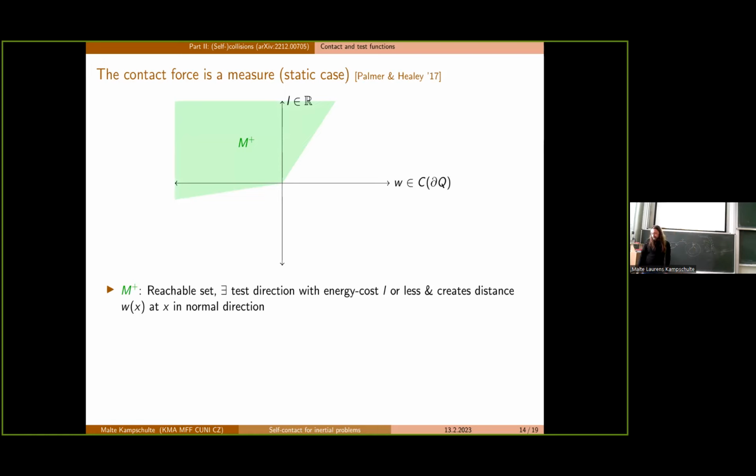Away from the contact, this M plus here corresponds to the reachable set. It means there is some direction to go in, to test in, where we may spend some energy L, or possibly less, and create some distance W. And this lives more or less in this quadrant because it's always possible to waste energy and gain negative distance.